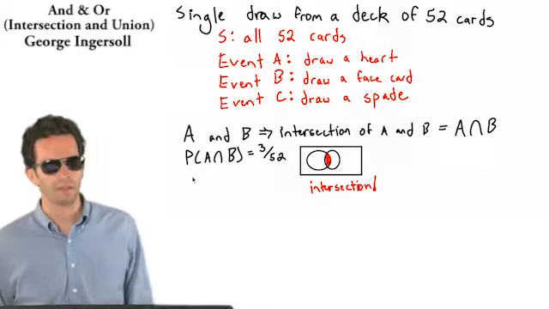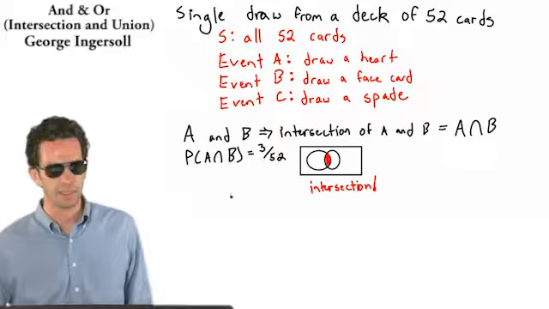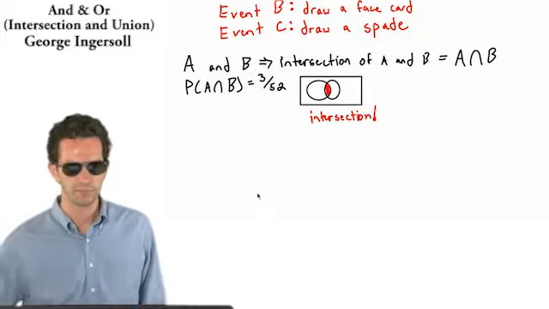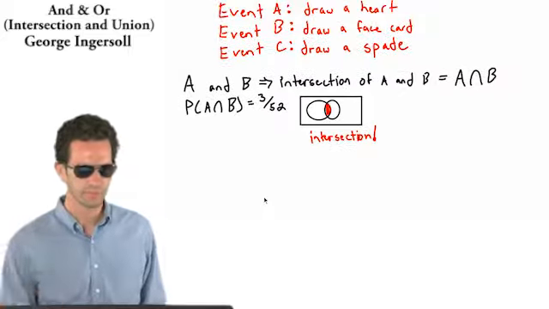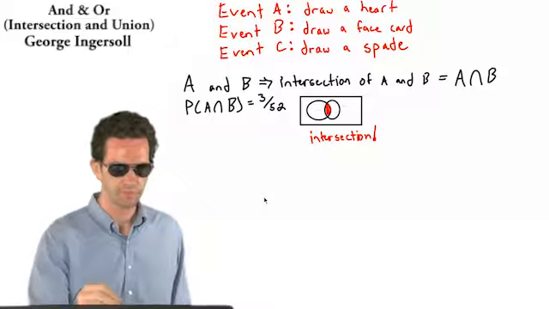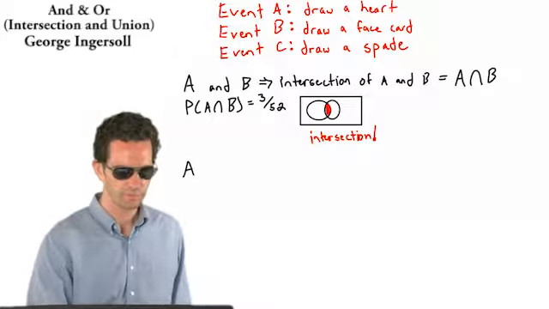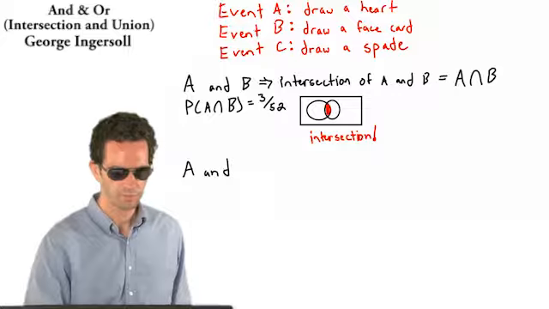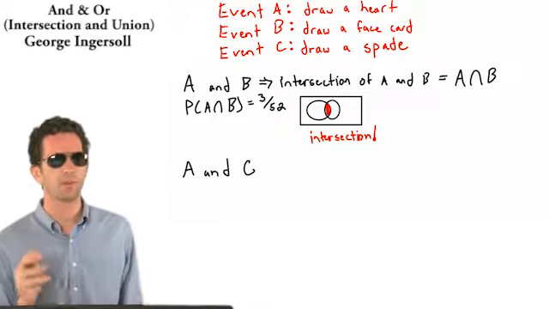All right, so now I want to look at another example. Instead of A and B, let's talk about A and C. Let's leave these up here. A and C, and let's think about what that means for a second.